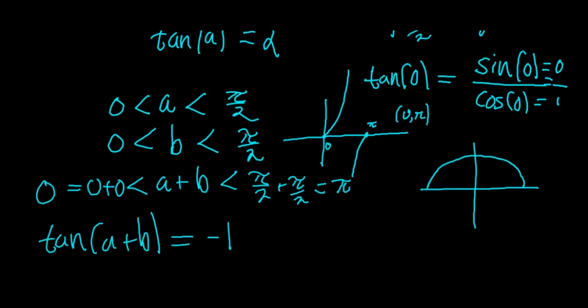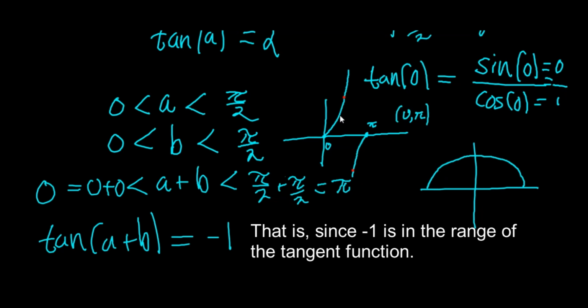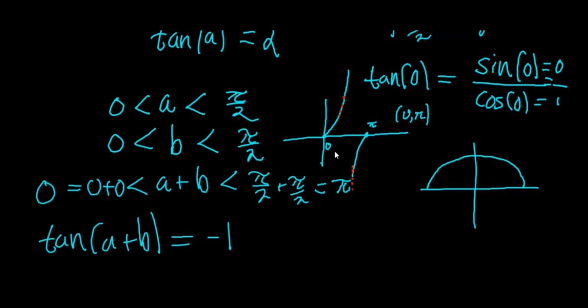Injective is just a fancy way of saying that for any of these particular outputs, there's a unique number in between 0 and pi such that when you plug that number into tangent, it creates that output. Since negative 1 is going to be beneath the x-axis, there's a unique number in between 0 and pi such that tangent of that number is equal to negative 1.